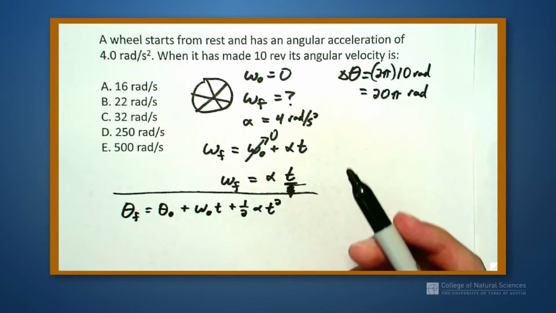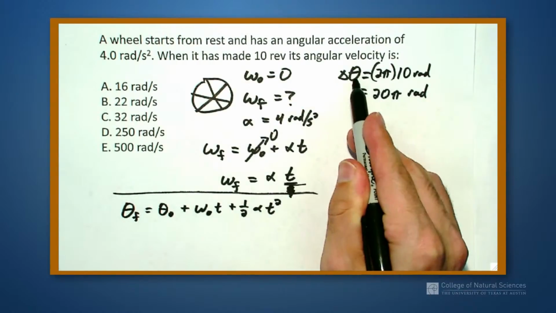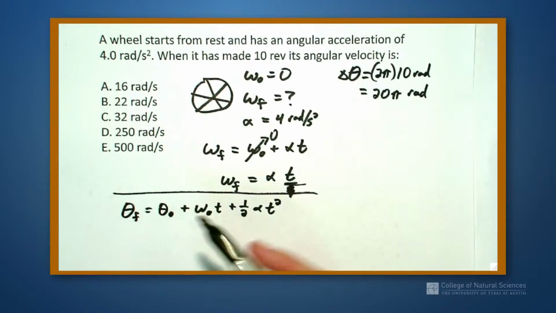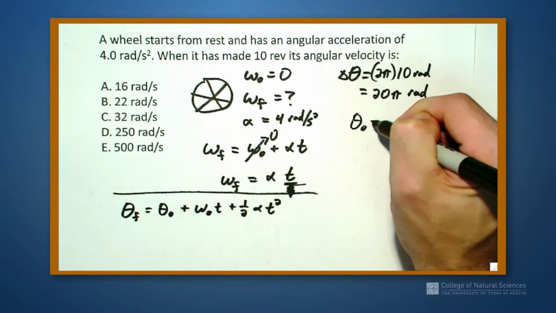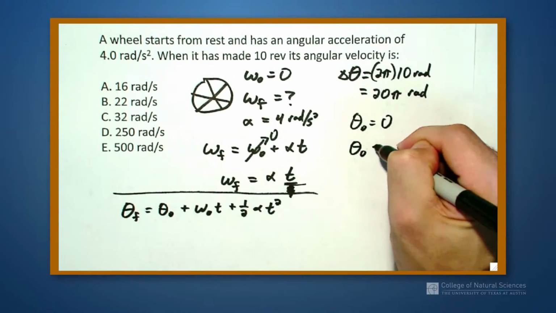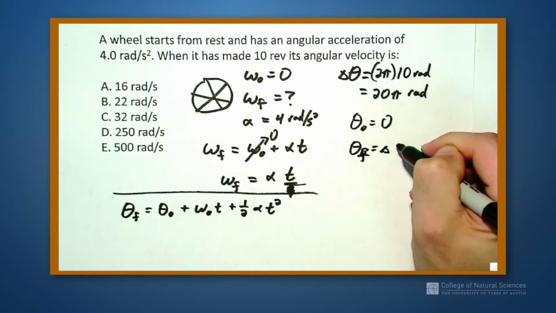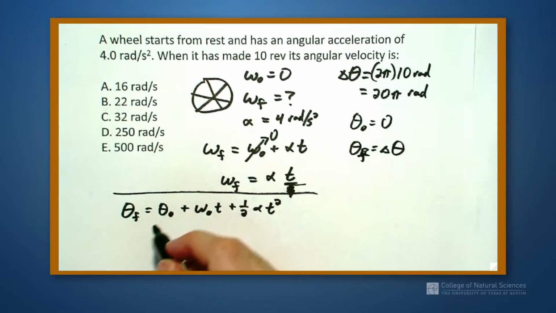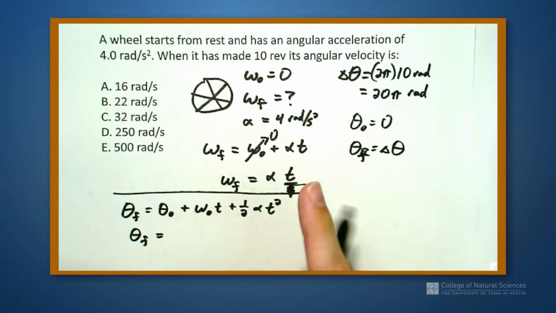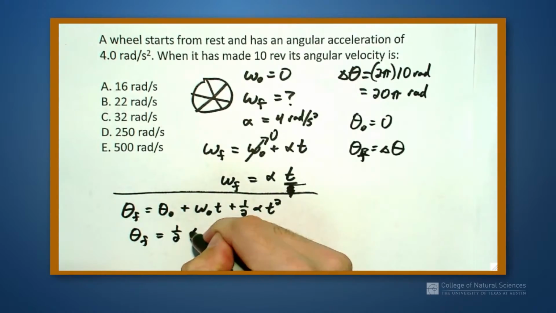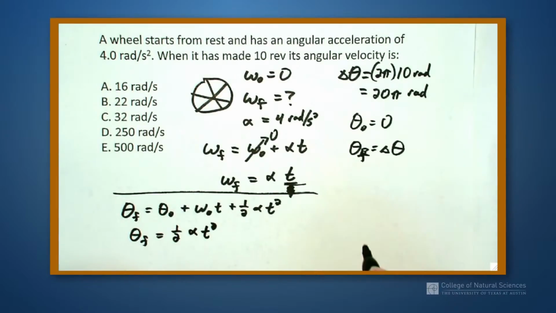I have a change of theta, which is theta final minus theta initial. I'm going to say that my theta naught is equal to 0, so that means my theta final is equal to my change of the angle. So I get theta final is equal to 0 plus my omega naught, which is 0, plus 1/2 alpha t squared.